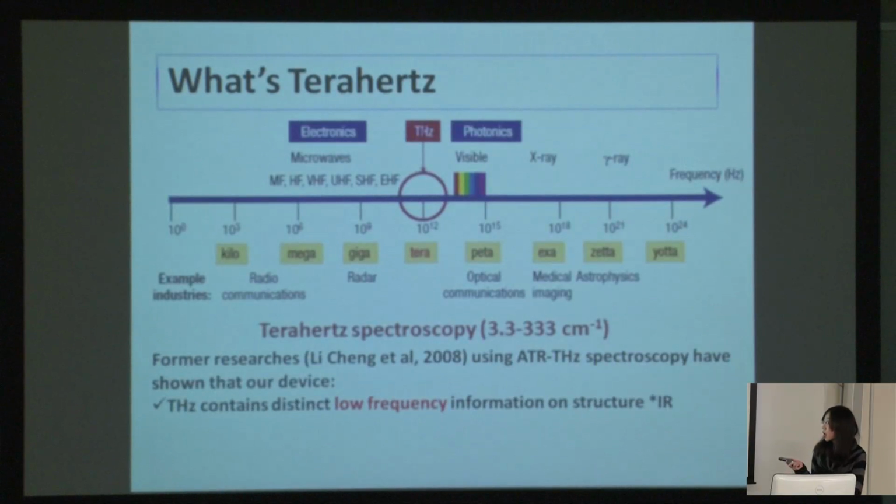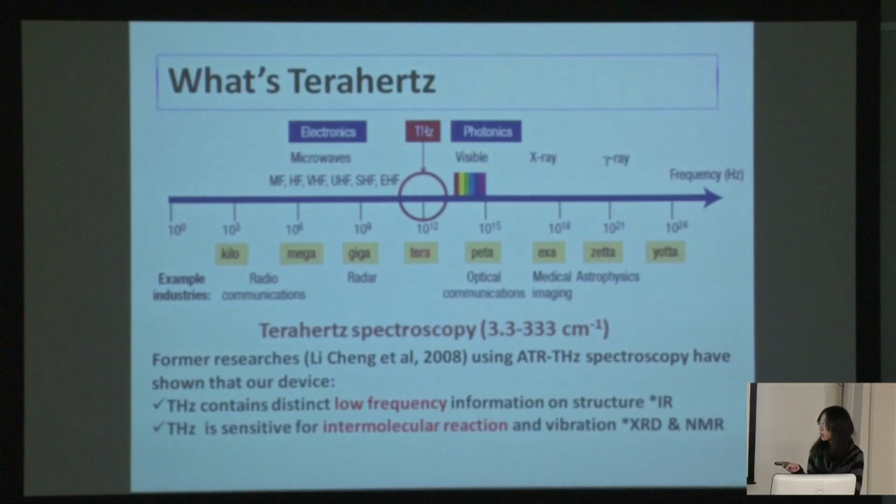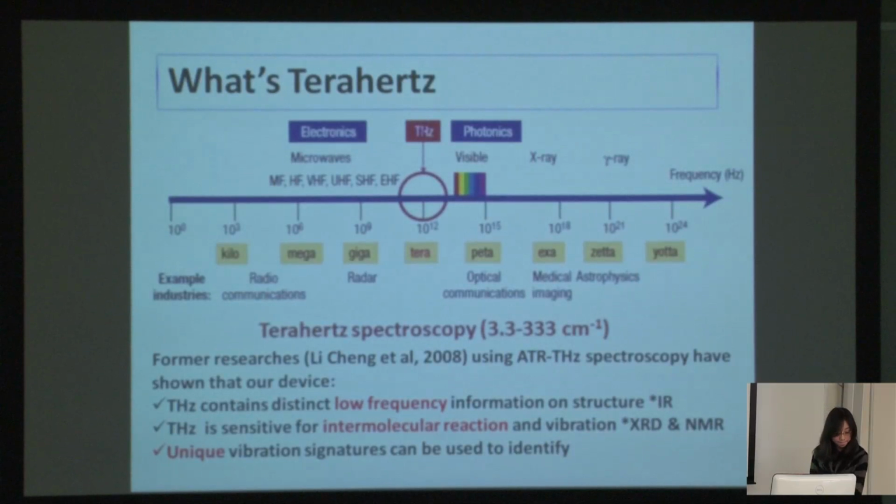Former researchers using our device have already shown, first, terahertz contains distinct low-frequency information compared with infrared spectrometer on structures. Terahertz is sensitive to intermolecular interaction and vibration compared with X-ray diffraction and nuclear magnetic resonance. Unique vibration signatures can be used to identify.